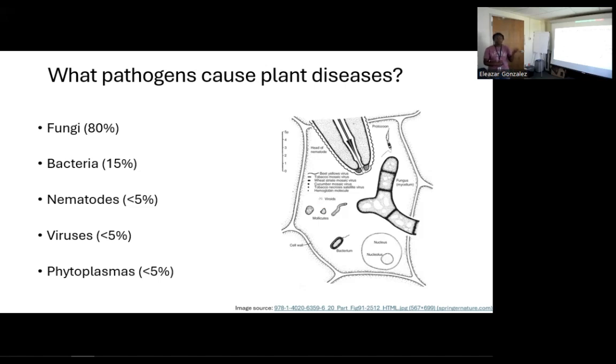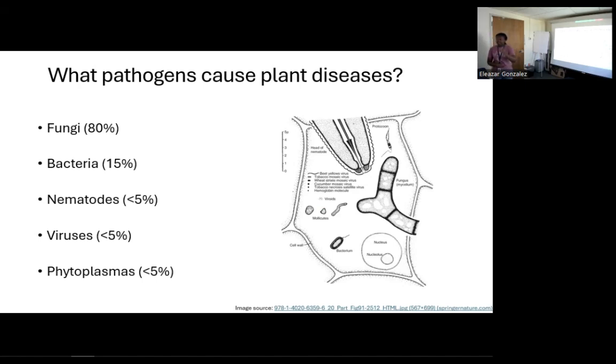You might wonder why. One of the reasons we think is that it's very easy for fungi to spread. They can spread by wind, through water, through vectors. They just seem to have many means of being spread compared to the bacteria, nematodes, and viruses.